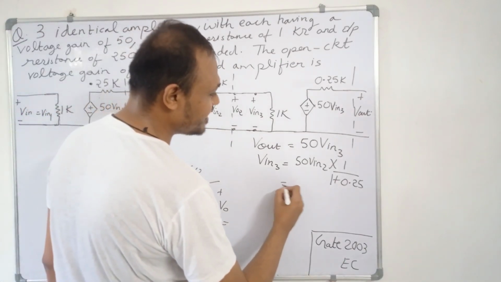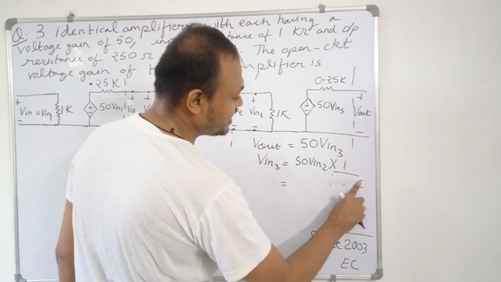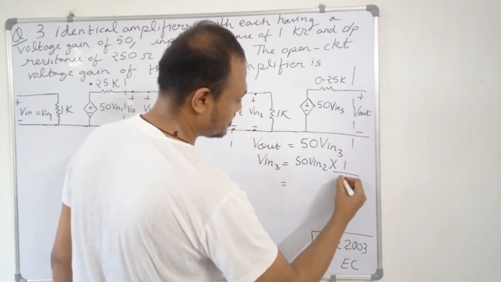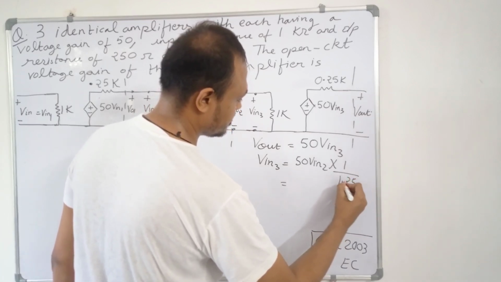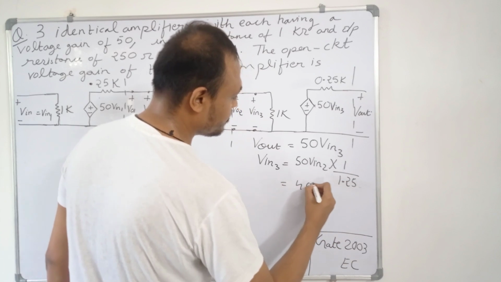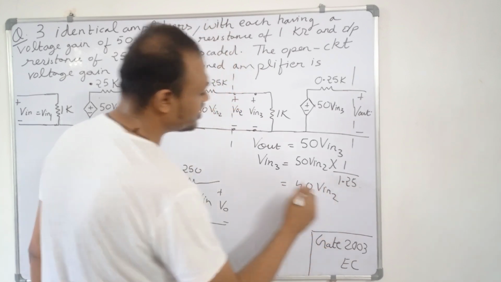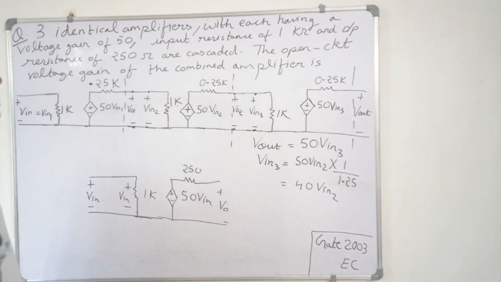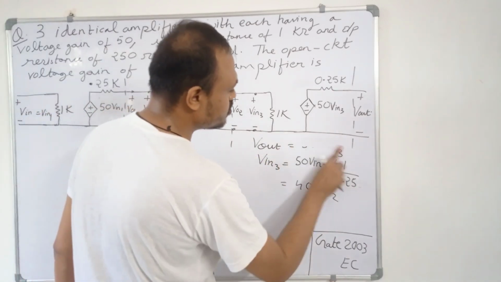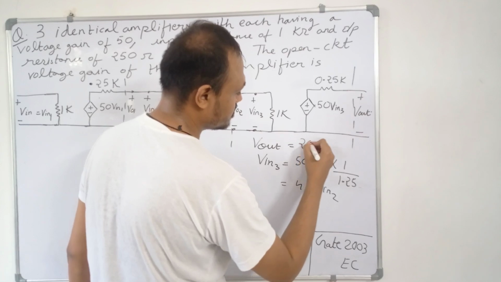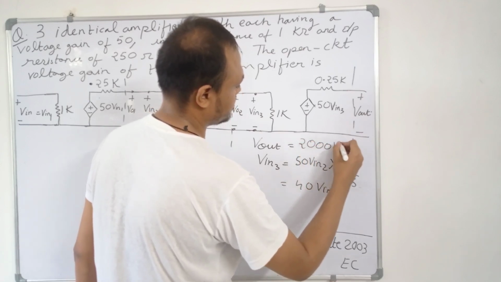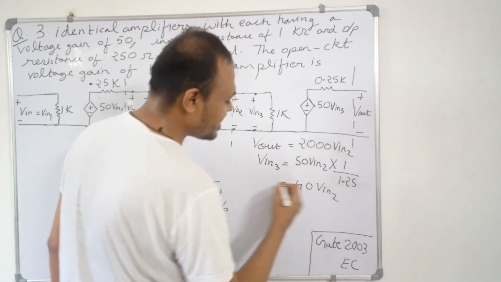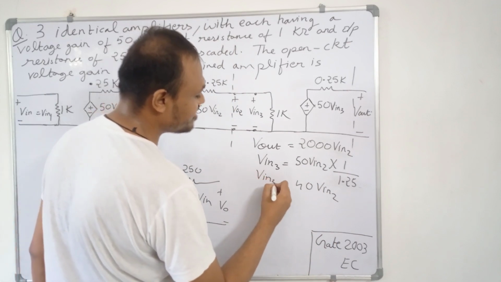Solving, 1 upon 1.25 gives Vin3 equal to 40 Vin2. If we replace this value, we get Vout equal to 2000 Vin2.